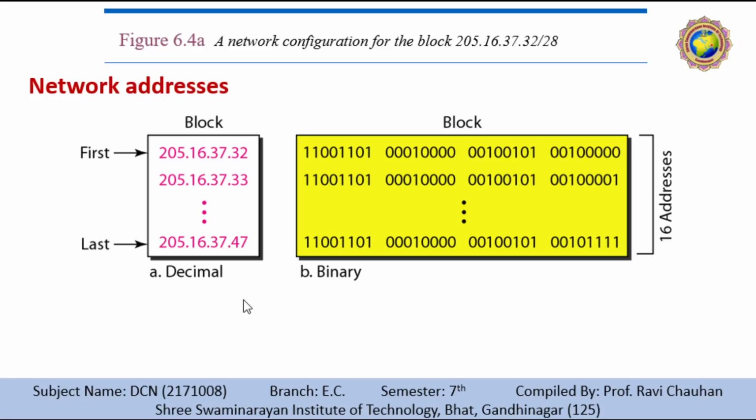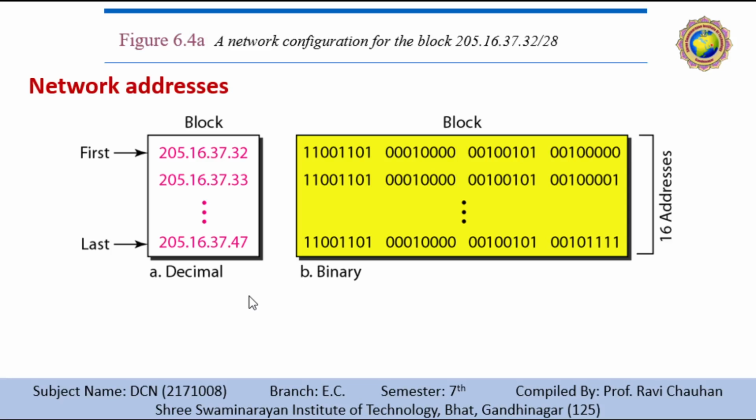Network addresses. A very important concept in our IP addressing is the network address. When an organization is given a block of addresses, the organization is free to allocate the addresses to the devices that need to be connected to the internet. The first address in the block, however, is normally treated as a special address.